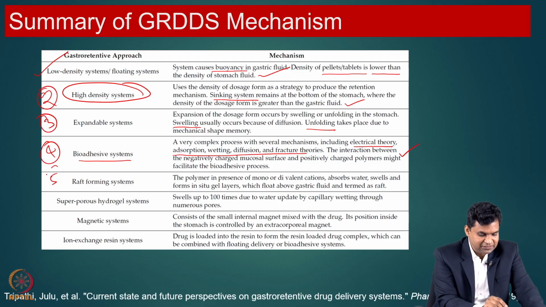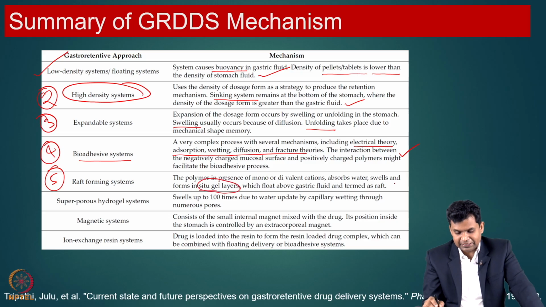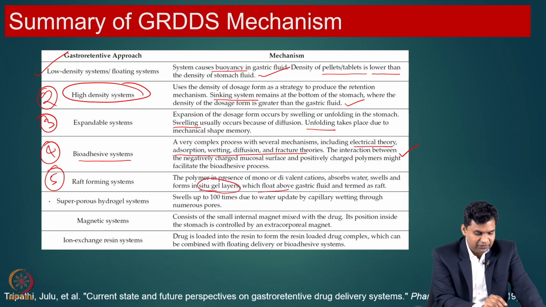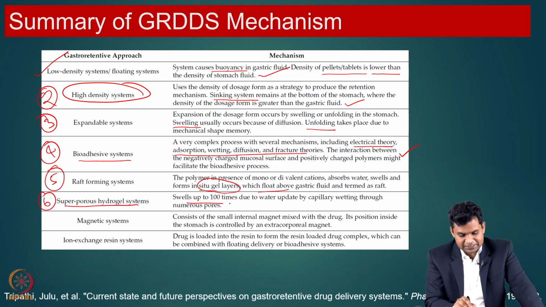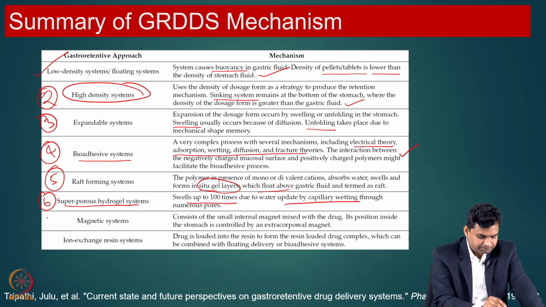The fifth one is raft-forming, which forms a gel layer that also helps in floating. And the sixth one, super porous hydrogel systems, which have maximum swellability compared with conventional polymers, and work by a capillary mechanism that helps in retention in the stomach.